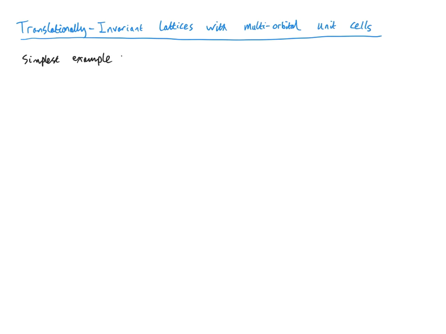So the 1D chain with a single site unit cell, or single orbital unit cell, let's say. In pictures, looks like this.